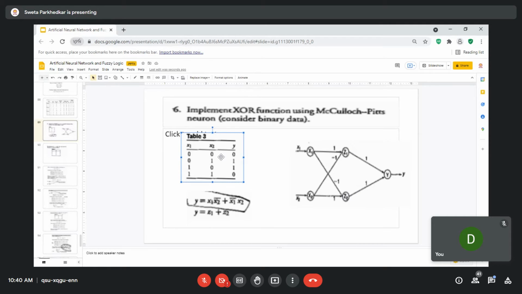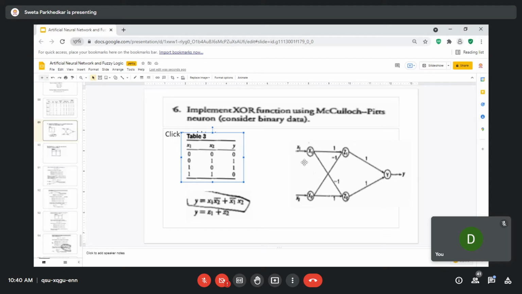ठीक है. For this simple case, the output is on. You can see the output is on when there are odd number of ones. ठीक है. So the output is off for the rest of the data.